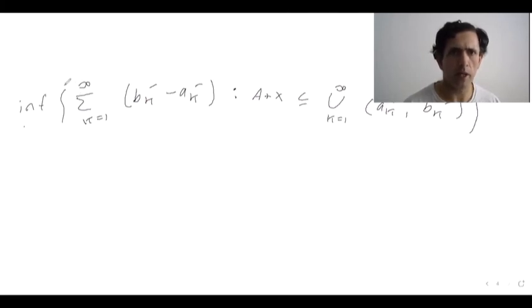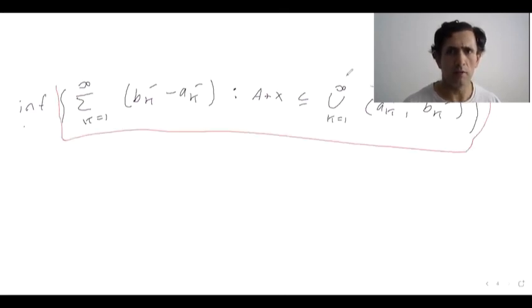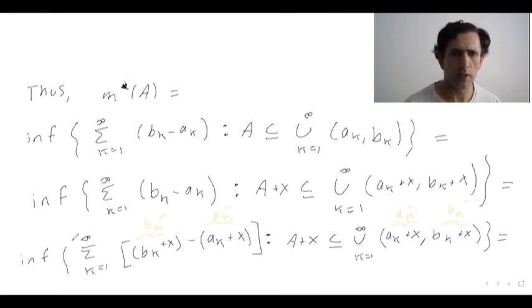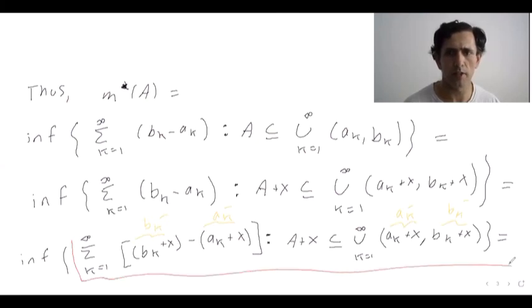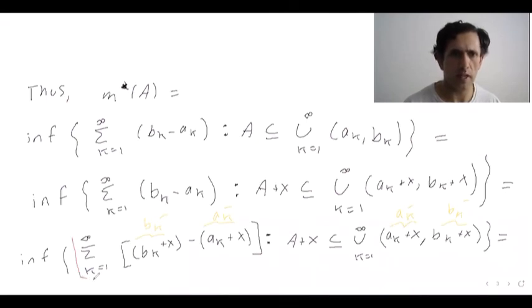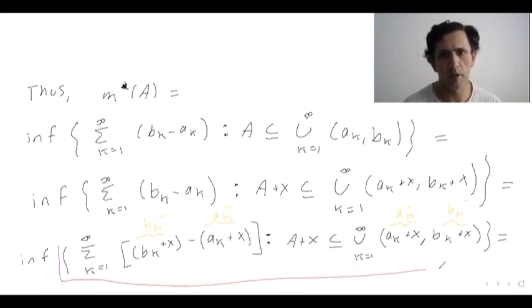So again, the point here is that what I'm putting in a rectangle here, this set equals this set here. And if there's any doubts, just check one is a subset of the other and vice versa.